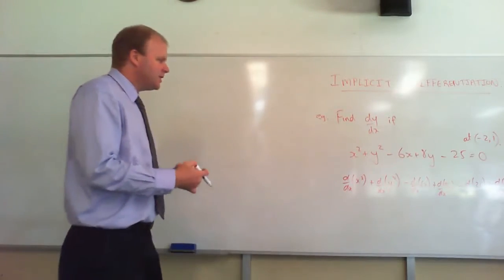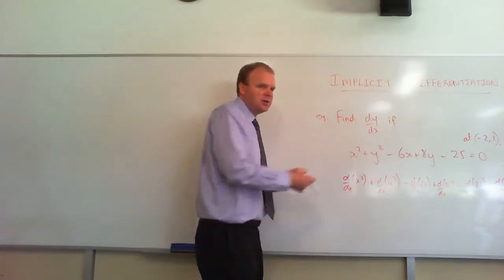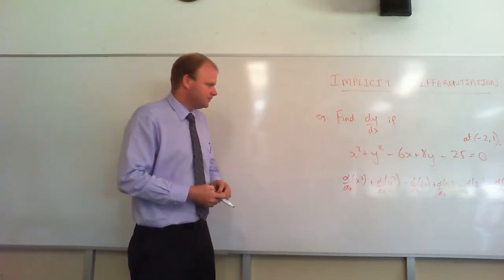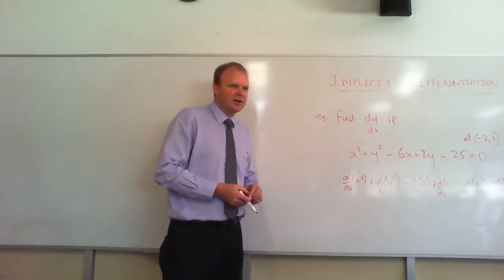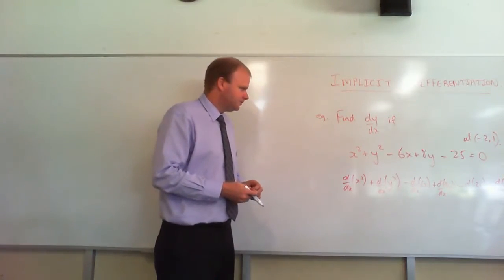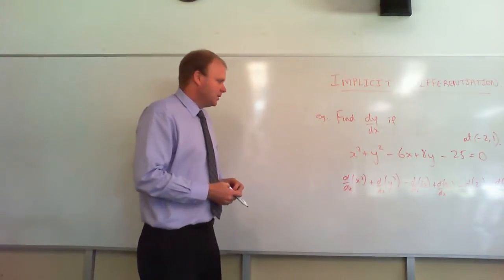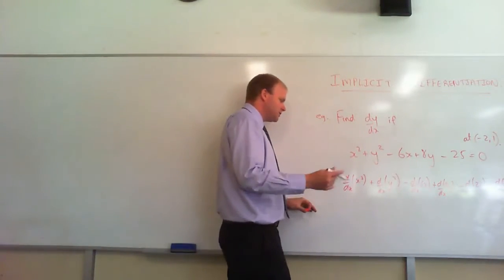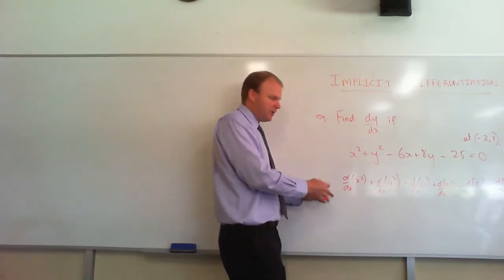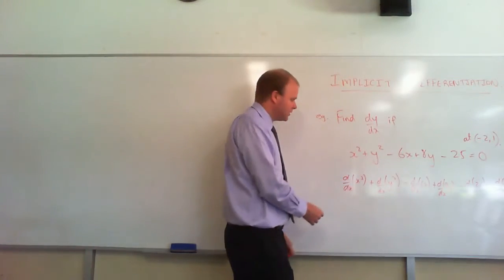So I've done d over dx, the derivative of every term with respect to x. It's a bit time consuming writing it out. If you need to, just hold your writing for a moment and follow, because I won't rub this out before you have a chance to do it.